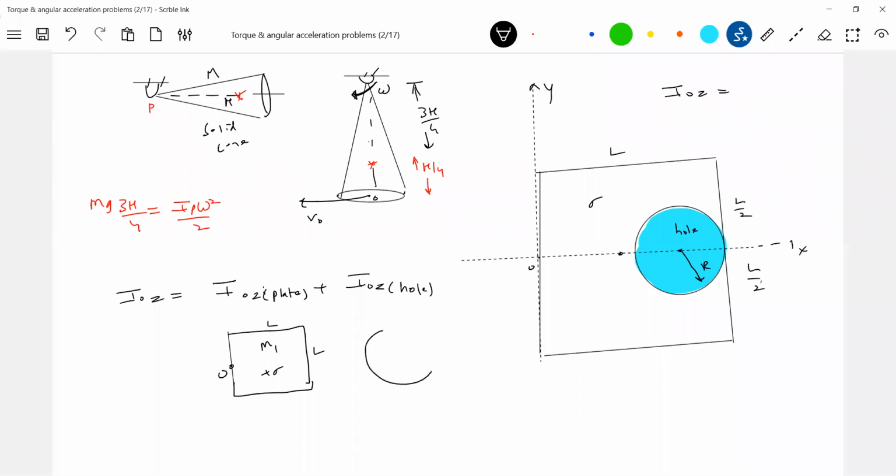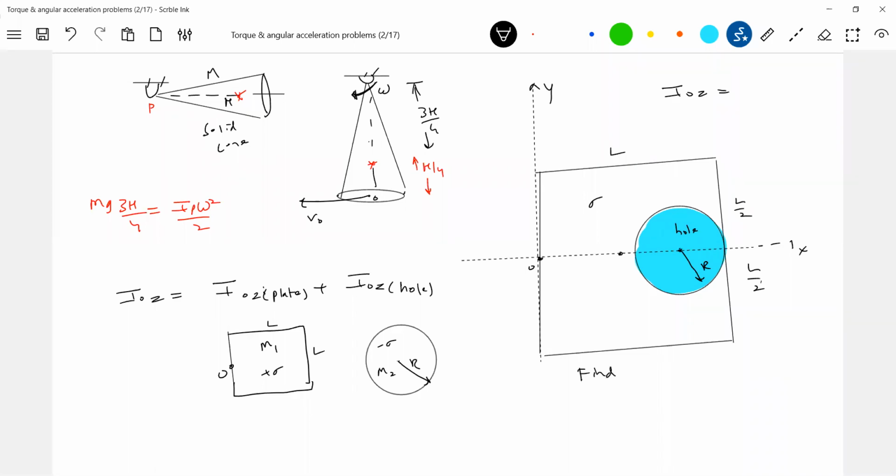What about this? This is a hole of radius r, negative density, mass m2. It is at a certain distance from point O. O is not the center of the hole. O is this one, the Z axis about the origin. The axis passes through the origin and is perpendicular to the plane. I_OZ is what I wrote here.